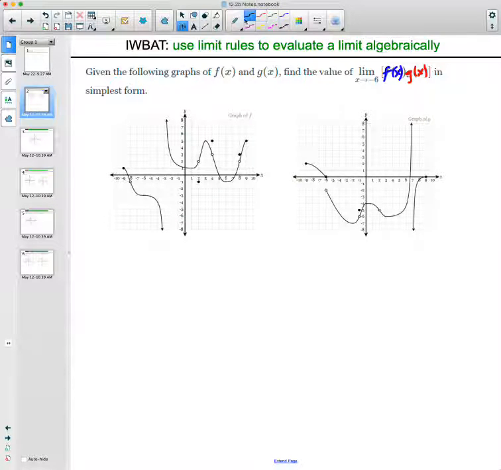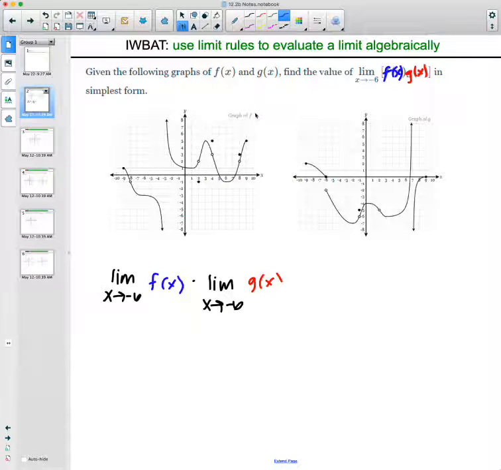So we're going to do each limit separately and then multiply that. So we're going to do the limit as x approaches -6 of f of x, and then multiply that with the limit as x approaches -6 of g of x. So we'll just get to do each of them separately.